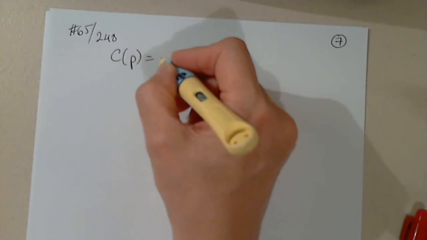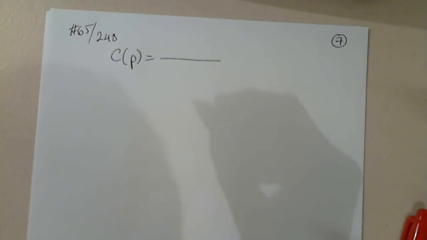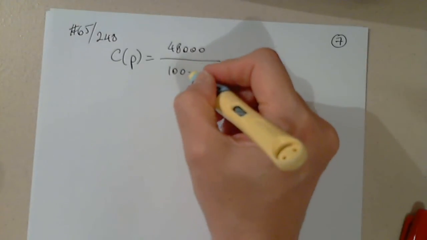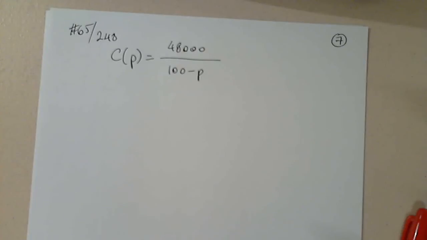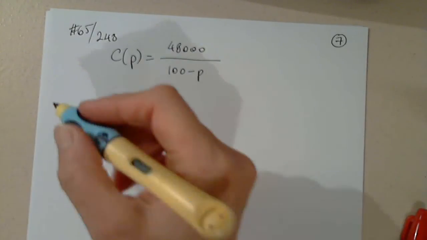Cities and companies find that the cost of pollution control increases along with the percentage of pollutants to be removed in a situation. Suppose that the cost C in dollars of removing P% of the pollutants from a chemical spill is given by C of P equals 48,000 divided by 100 minus P. P is in percent and C is in dollars. Find C of 0, C of 20, C of 80, and C of 90.